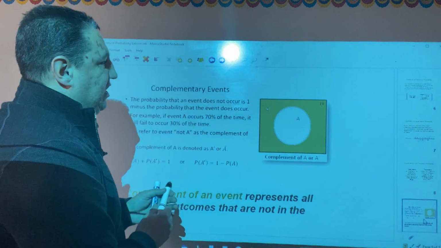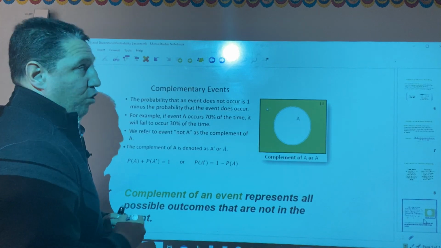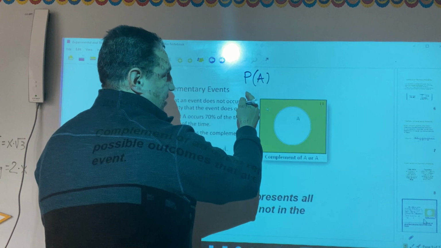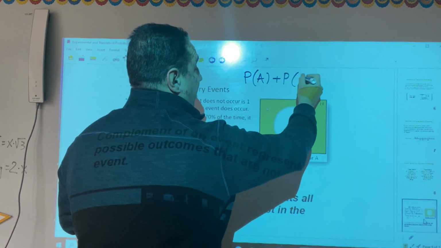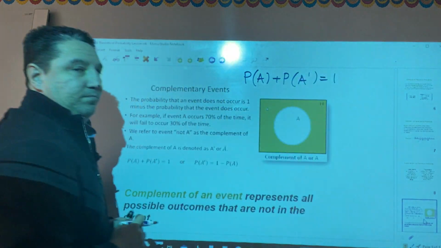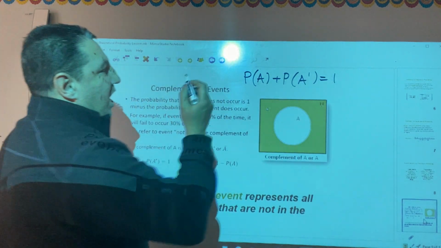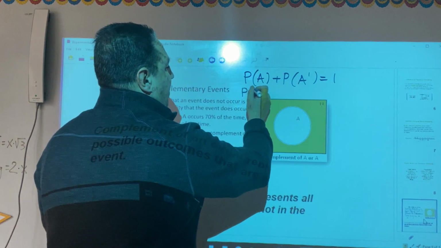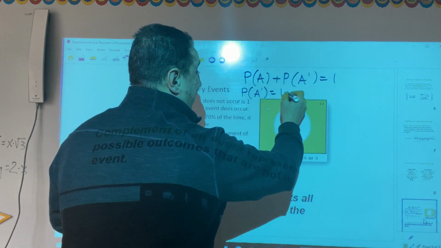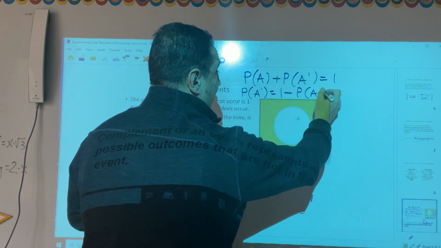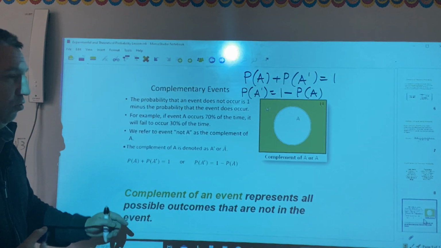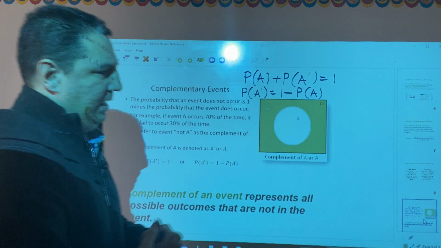So we have a formula for this. The probability of event A plus the probability of its complement is always 1. Or the probability of the complement of an event is 1 minus the probability of event A. That's why we call them complementary.